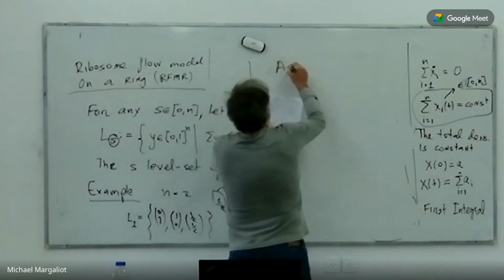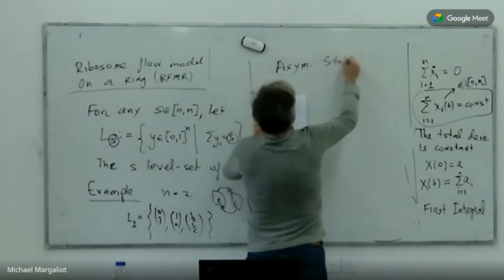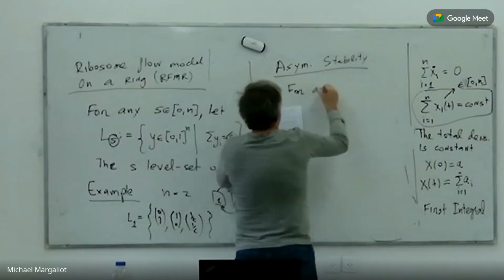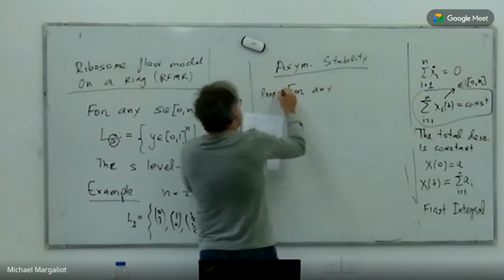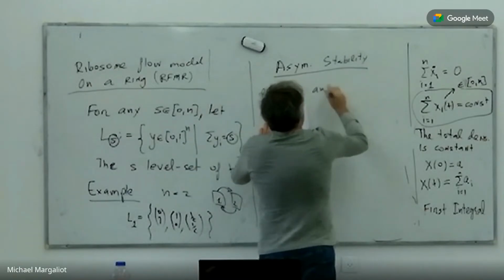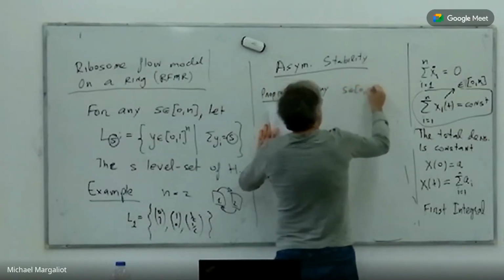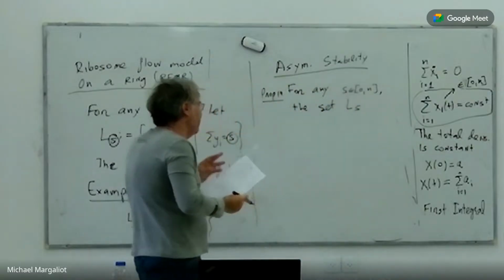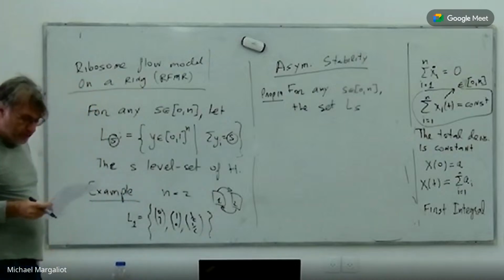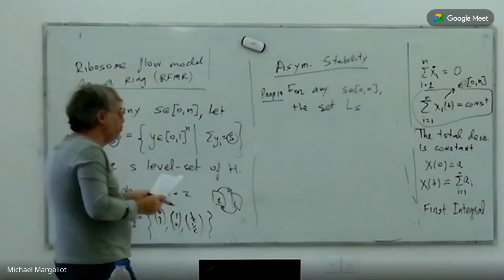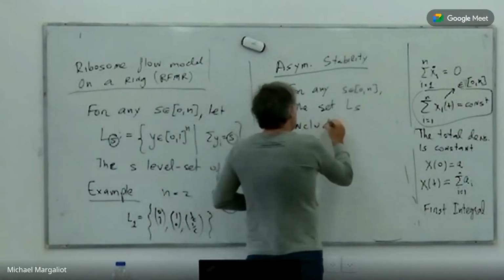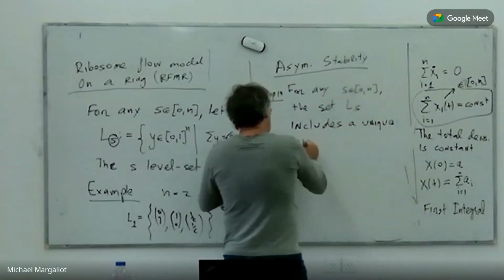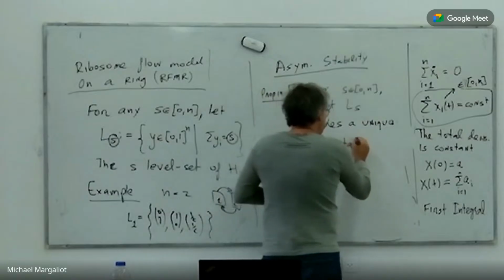And now we can prove the following result on the RFMR. For any S, so this is proposition 14 in the lecture notes I will send you. For any S in (0, n), the set LS, so again, these are all the configurations where the total energy or the total density is equal to S, includes a unique steady state ES.